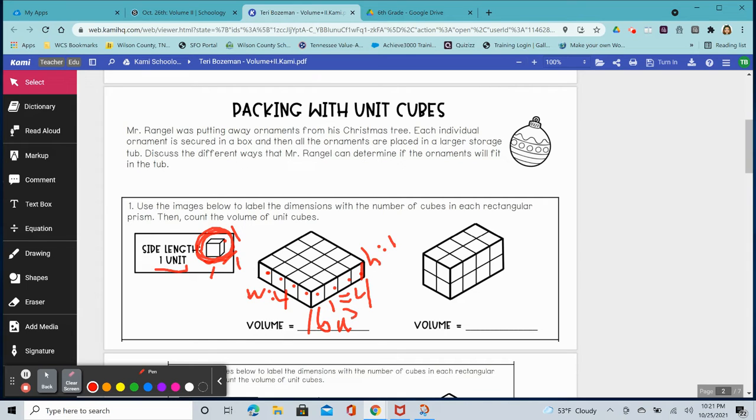And that is a 3. That looks like a backwards C. Then we look over at our next rectangular prism, and we see that we have a width of 2. We have a length of 4.